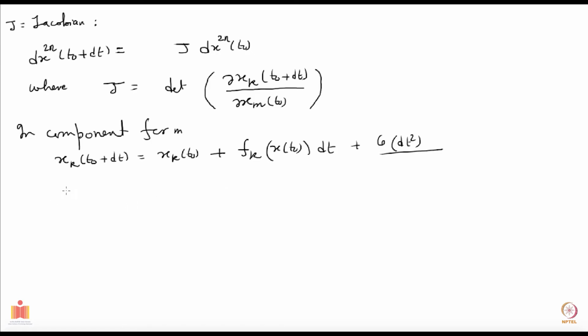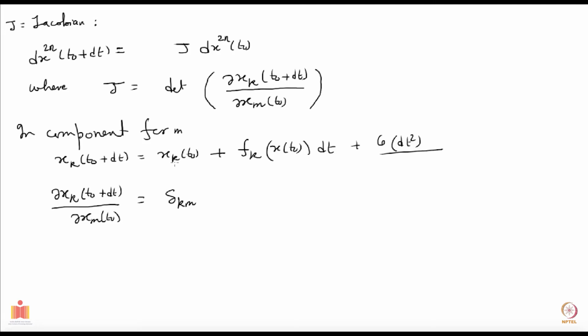Okay, so let us calculate this derivative, del x_k over del x_m at t0. Clearly this will give you delta_km. Unless k is equal to m, this is 0.